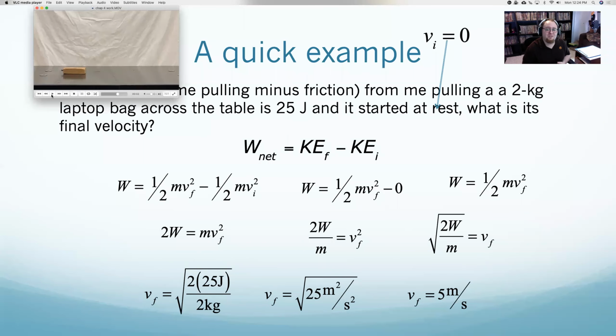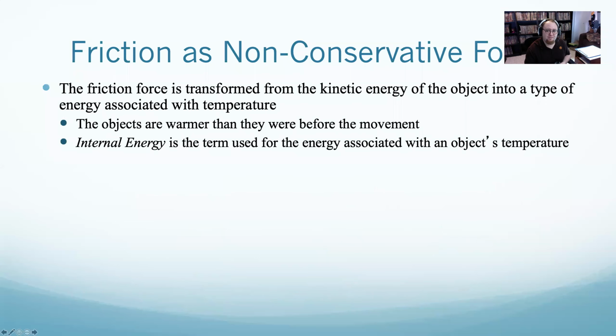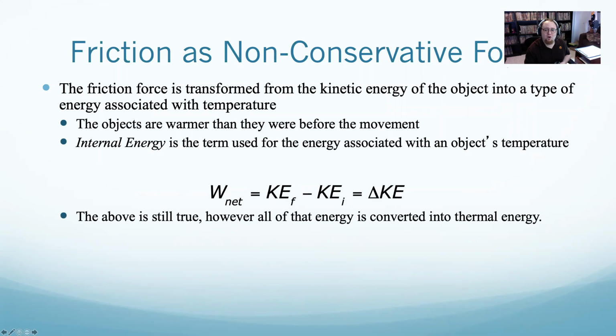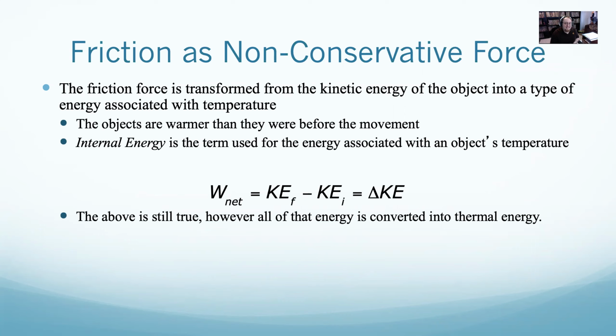That's because there's something else going on here. And that is friction. The work kinetic energy theorem assumes all of the work goes to changing the speed. If you have any of the work going elsewhere, it doesn't necessarily show up as speed. You see the friction.